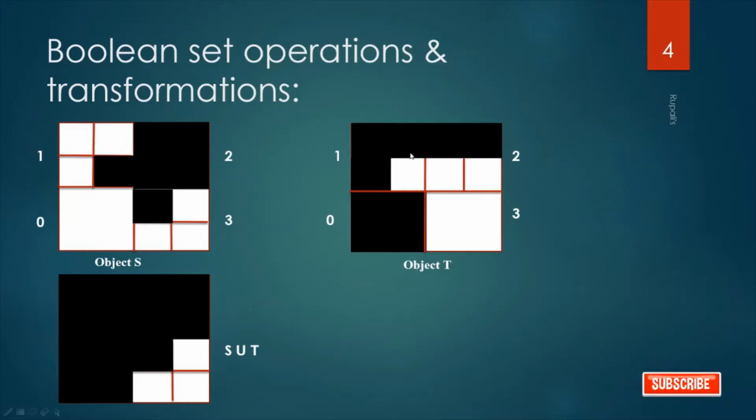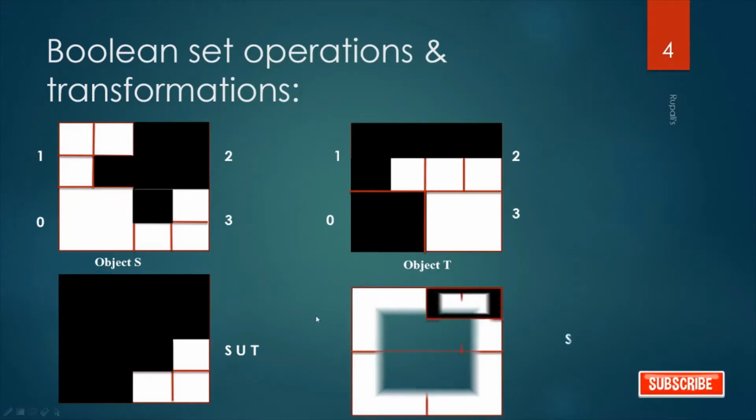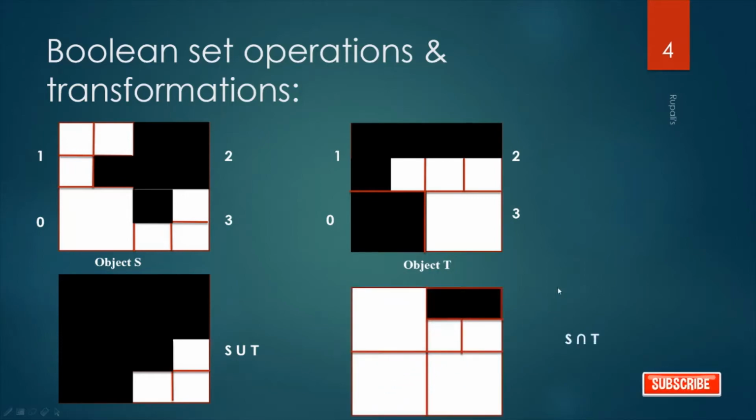Then it is 1 and 1, so it is full, and it is 2 and 2, so it is full. For quadrant number 3, this portion is full, so you get S union T. And in case of S intersection T, we get only the common portion which is full. The common portion is only this portion, so S intersection T.